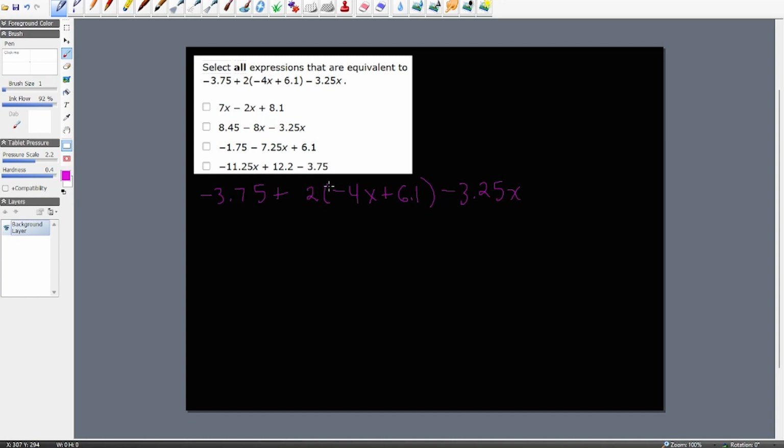First thing we're going to want to do is distribute this 2, meaning it gets multiplied by each term inside.